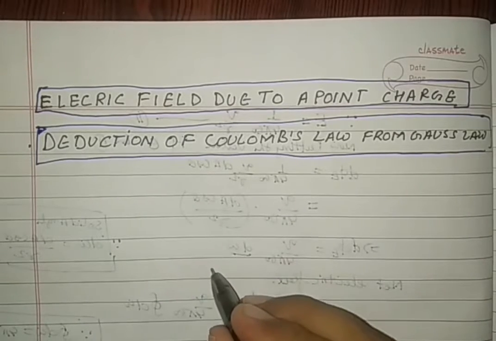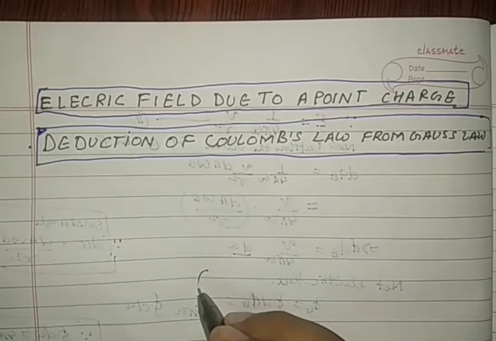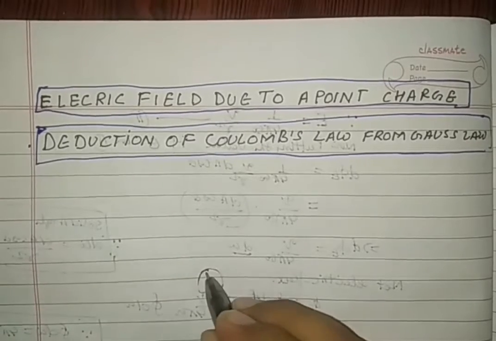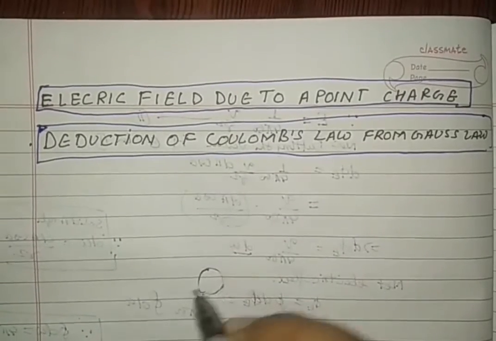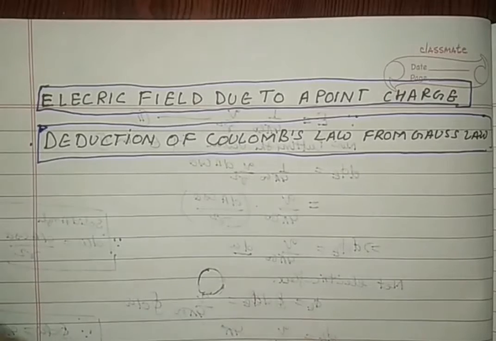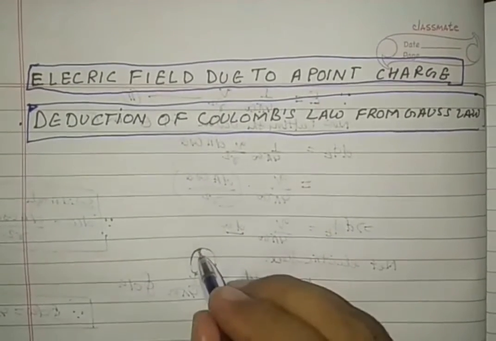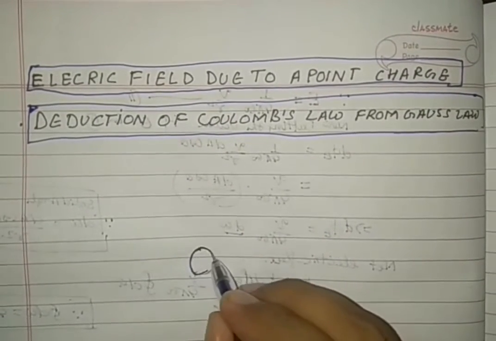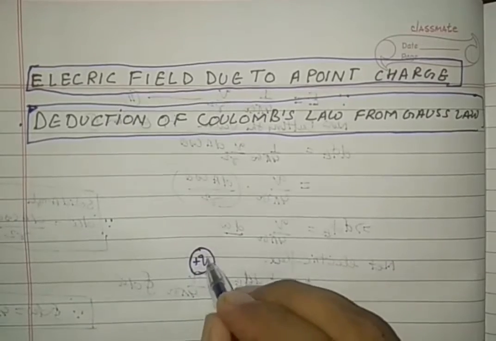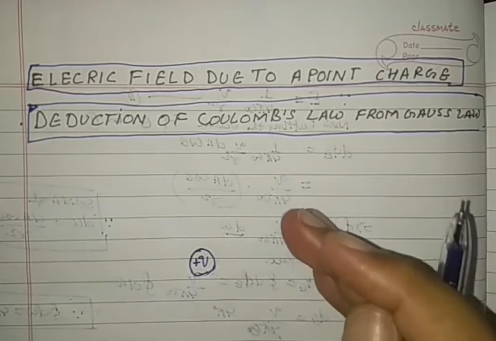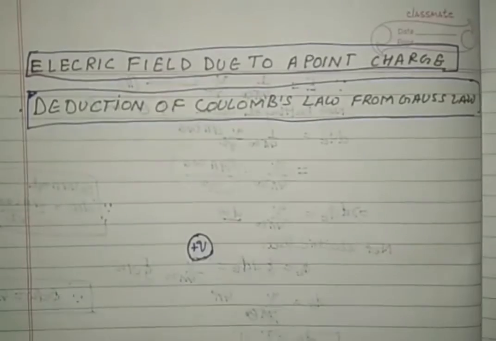Let us consider a positive charged body here, plus Q. Due to this, there is an electric field around it.